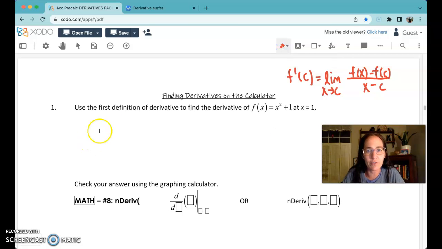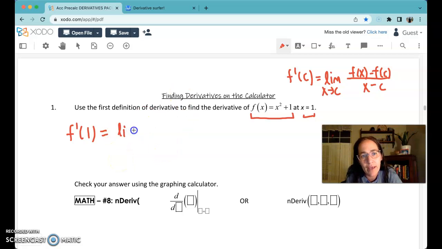It says use the first definition to find the derivative of this function, this parabola, at a certain point at x equals 1. So we're using 1 for c, right? So we've seen this a little bit already. F prime of 1, derivative of 1 at 1 is what we care about. And we're going to take the limit as x approaches 1 of what?